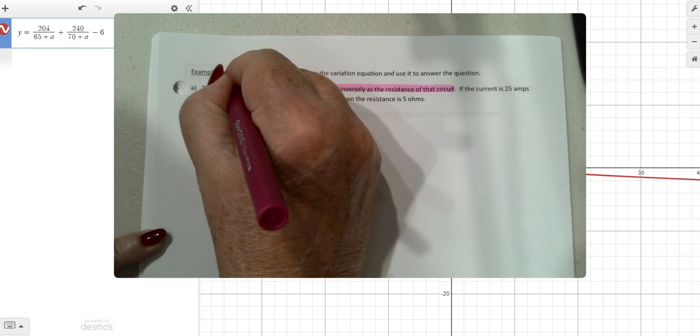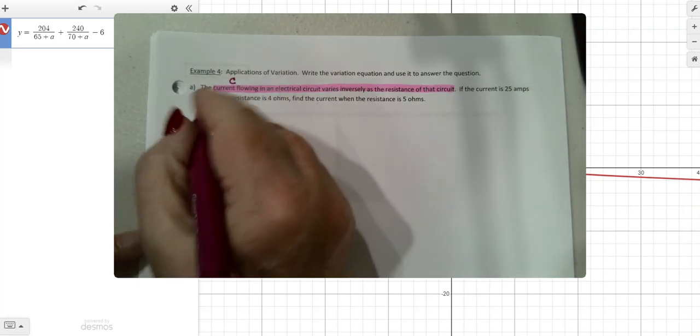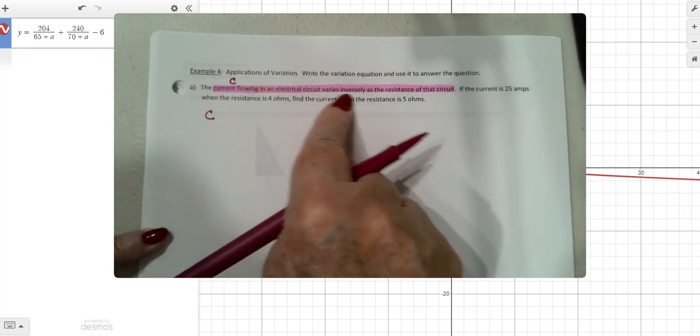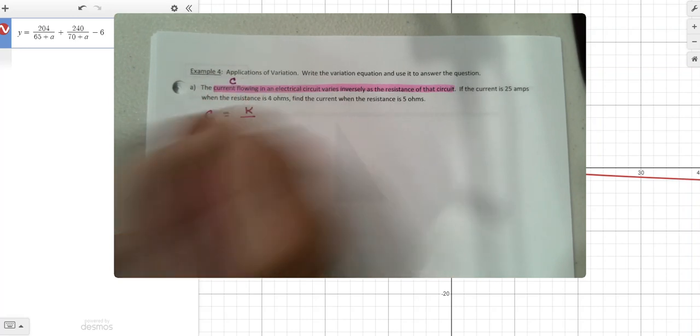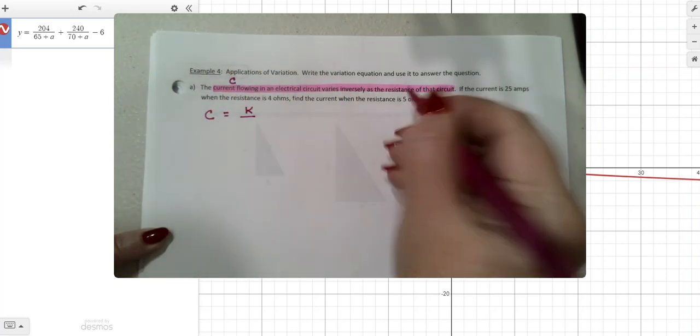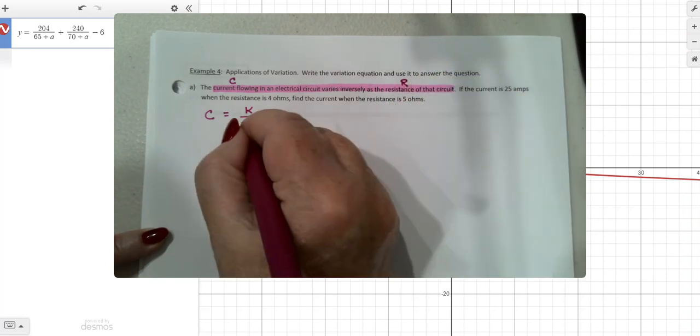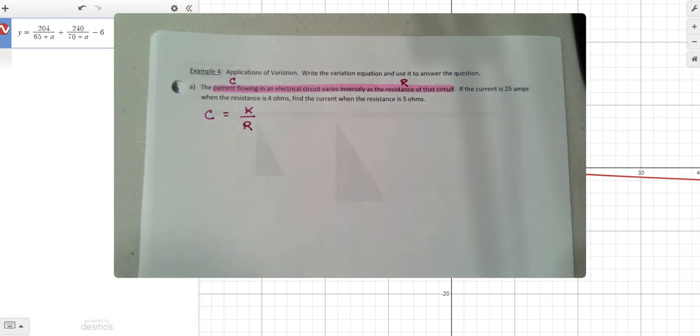I'm going to have to put a couple variables around this. Current, let me call that C, varies inversely, so that's going to be K divided by, and resistance, I'm going to call that R. So there's my basic variation equation.